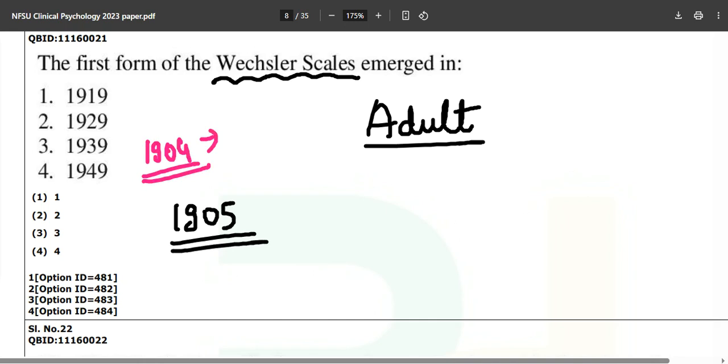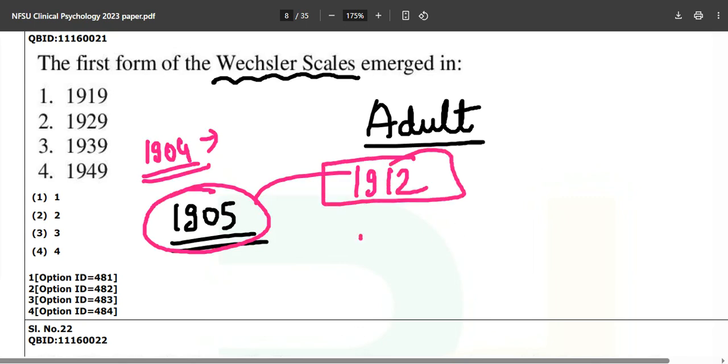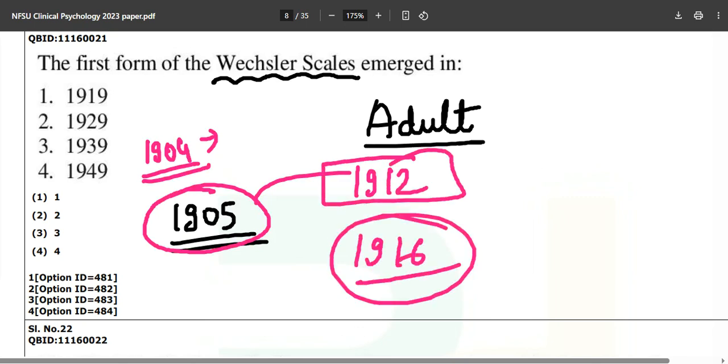G factor and S factor, the two-factor theory. One year after, Alfred Binet and Simon made this intelligence test in 1905, at the request of the Ministry of Education in France. Then in 1912 one guy came, then in 1916 it was revised, and so on.